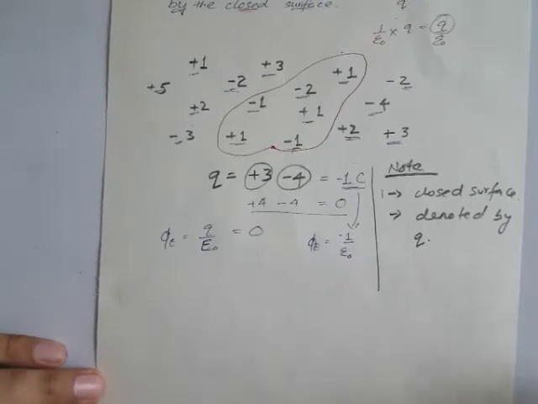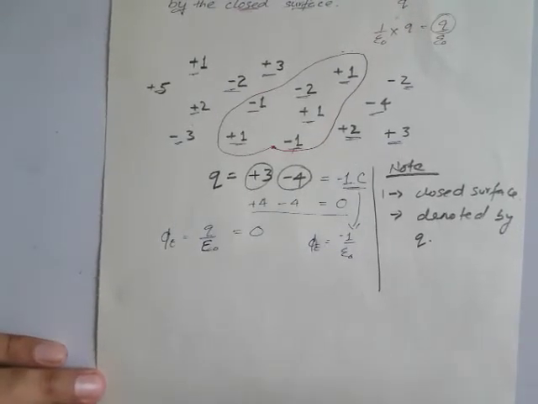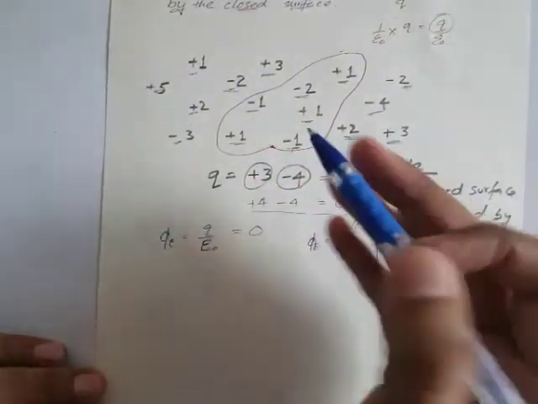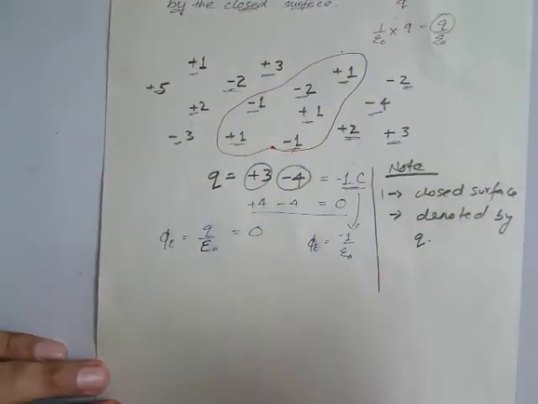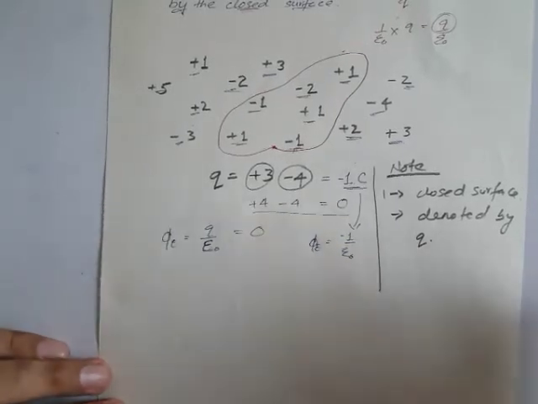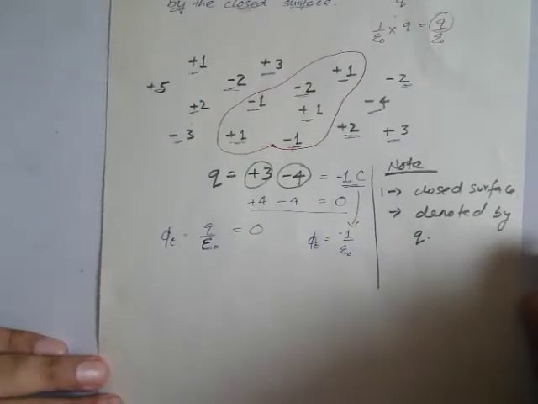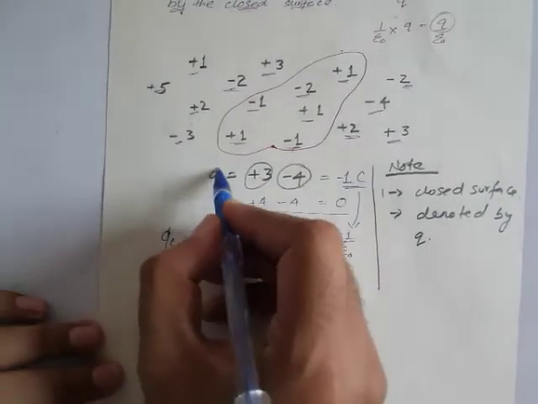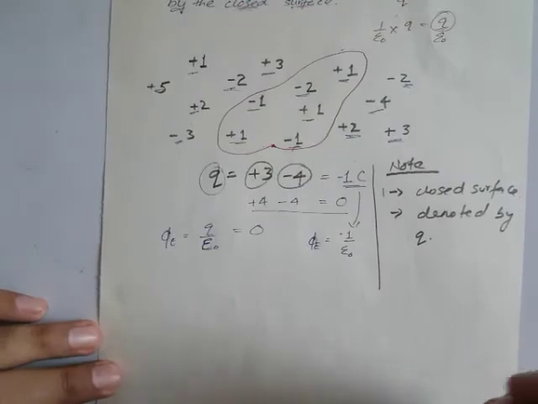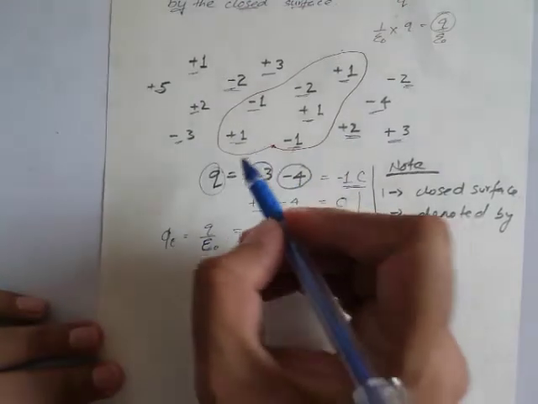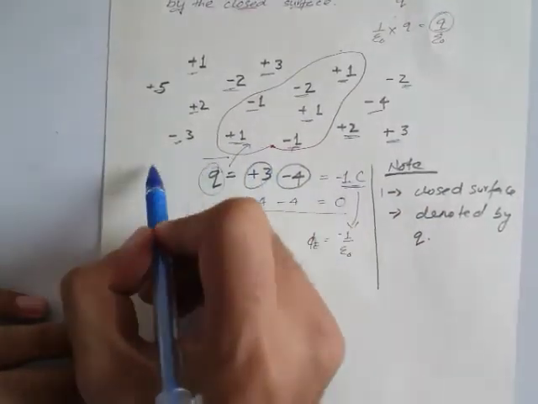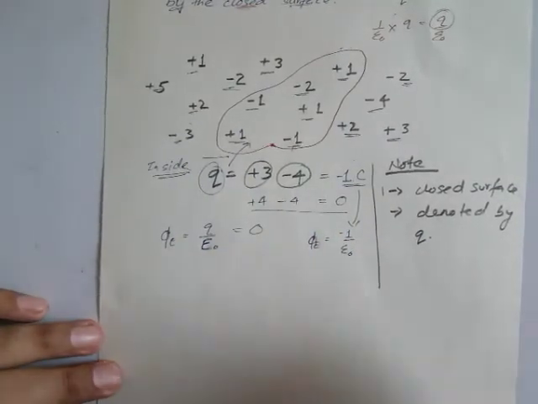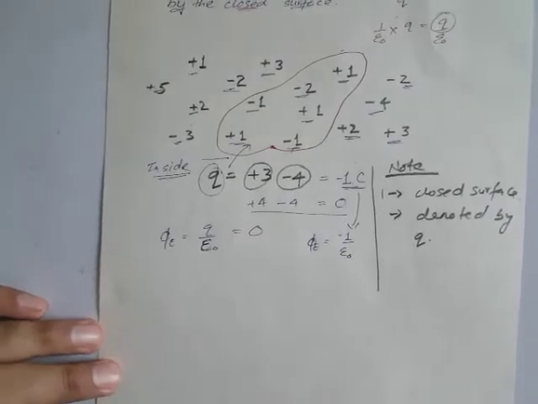We can say for our understanding that the electric field appearing in Gauss theorem is due to all charges, both inside and outside the closed surface. However, the charge Q that appears in the theorem contains only those inside. Only inside charges are taken, so don't get confused while solving numericals.